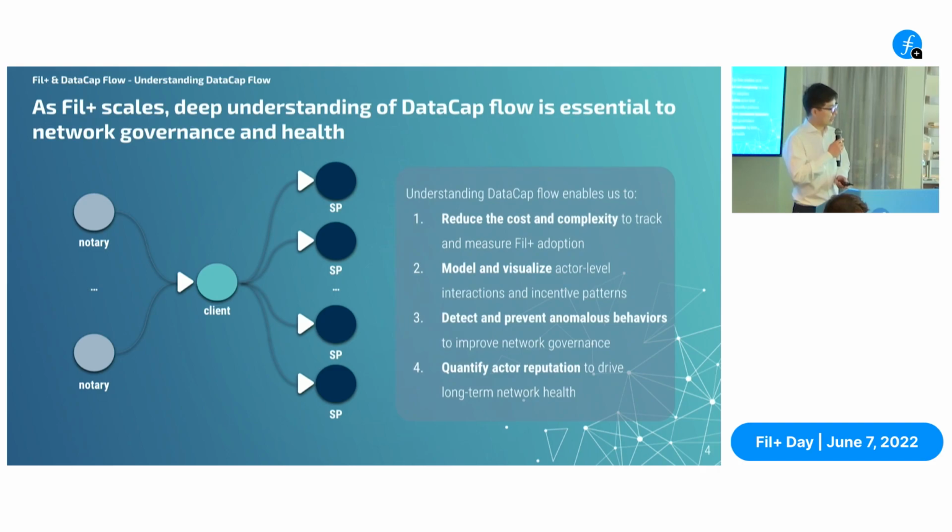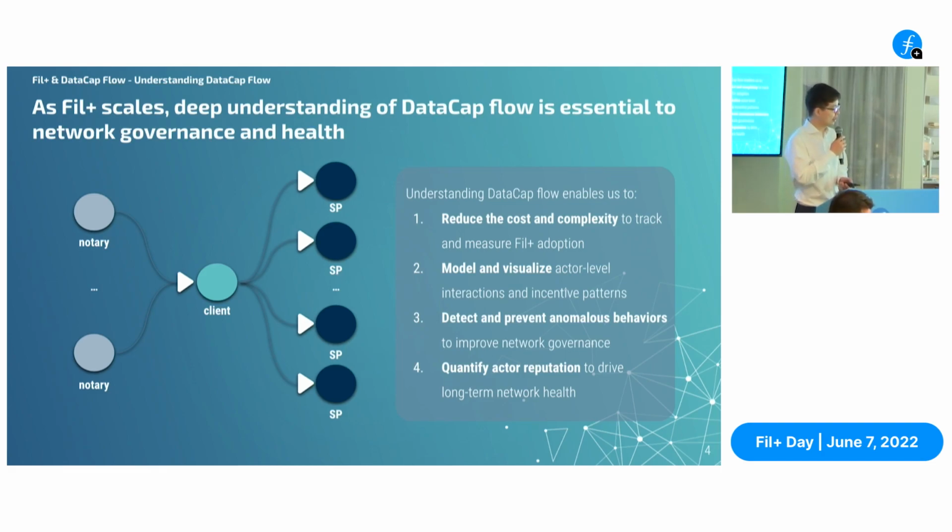We will argue that modeling data cap flow has four main benefits. So obviously, starting from number one, you have reduced cost and complexity to monitor the adoption of the Fil+ program. And on top of that, you can also model and visualize different types of incentives or interactions that are happening between the actors, which is also very interesting to look at, with a lot of deep insights.